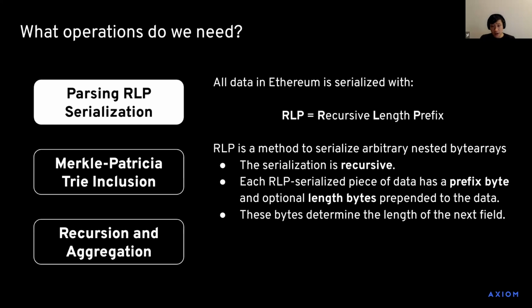The serialization is recursive, and the key feature is that you can parse an RLP serialized byte array by first looking at a prefix byte, which tells you how long the next field is. And so that means there are a lot of dynamic array operations in RLP parsing or serialization.